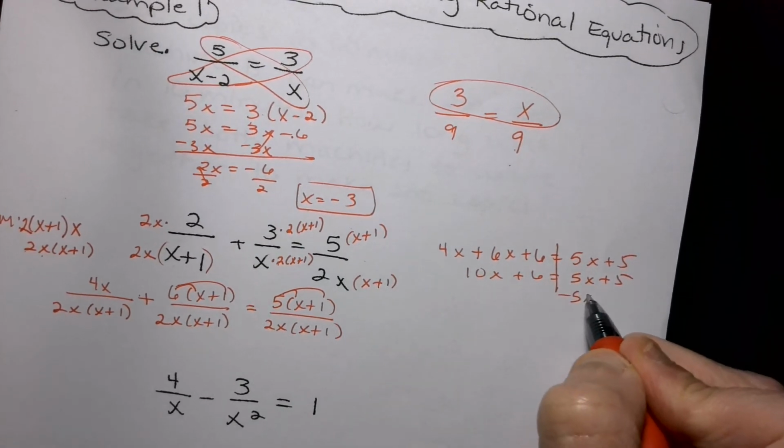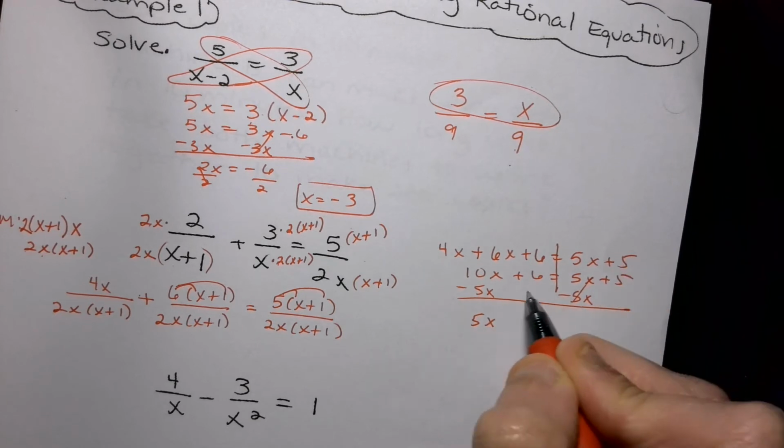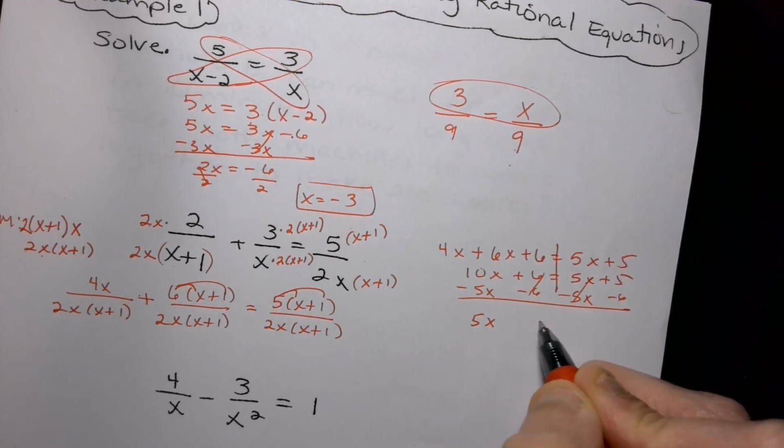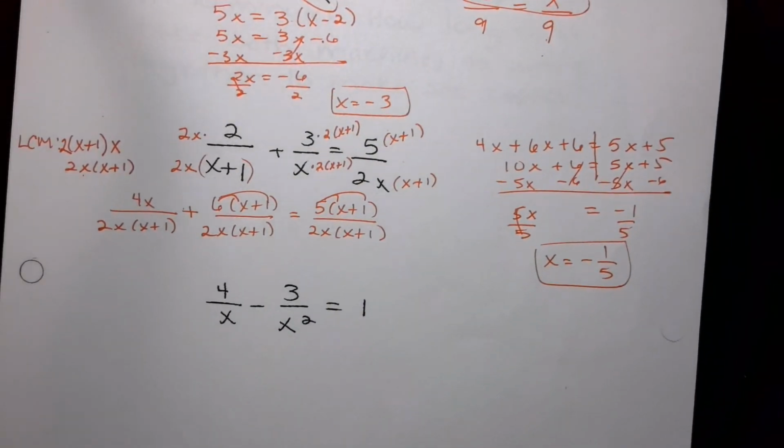Move the 5x. Move the 6 to the other side. Divide by 5. And we have our answer. Okay, so that's kind of our goal. We're trying to get the bottoms all the same, and then we can just work with the top.